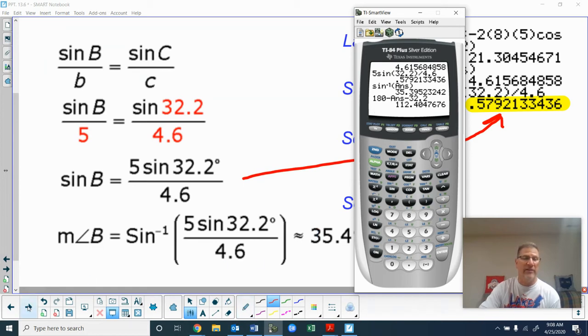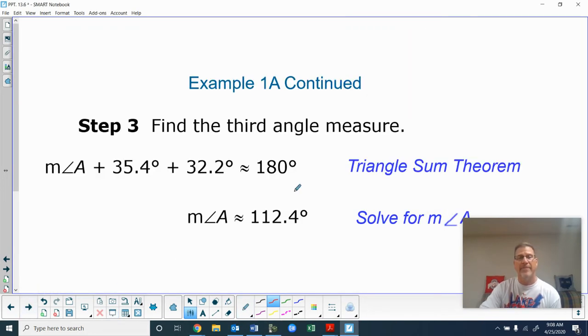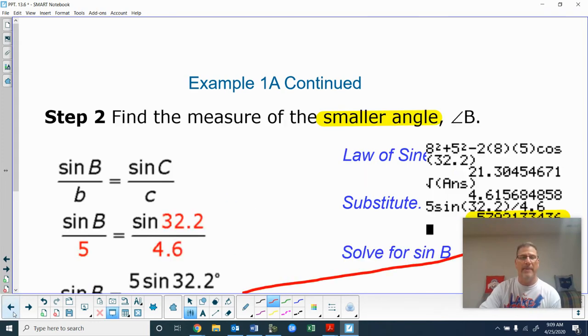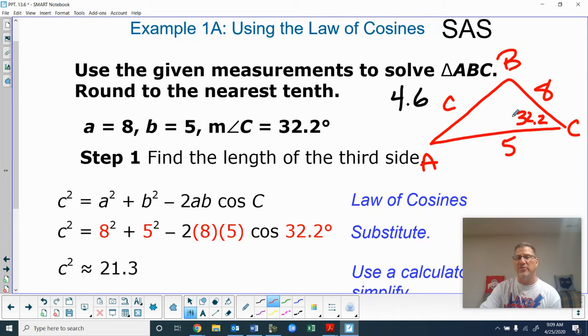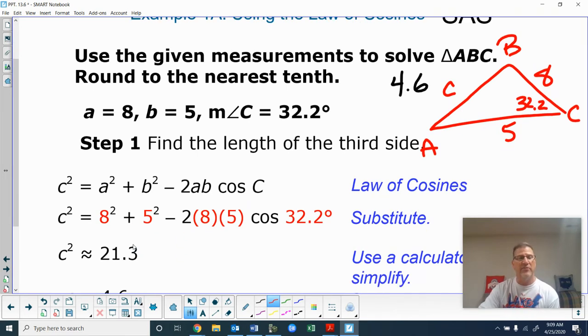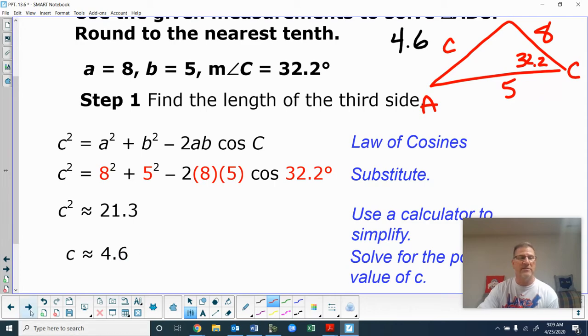All right, and now we're finished with this problem. There's the 112.4. Remember, we started out with two sides and an included angle, and we used the law of cosines to find that side C, because we knew angle C. We plugged it all in and took the square root of that answer to get the 4.6.